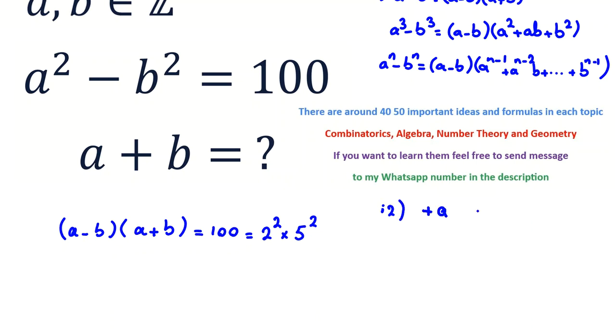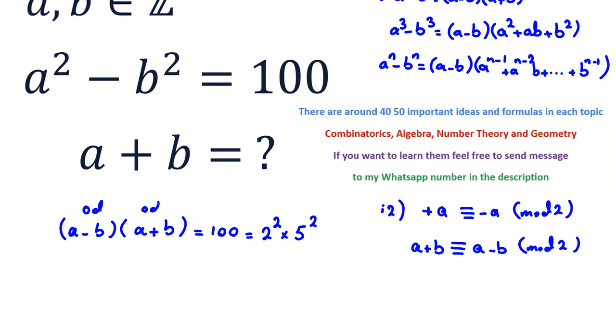For example, plus a mod 2 is equal to minus a mod 2. The remainders when divided by 2 will be the same. So a plus b and a minus b are the same mod 2, so both of them should be even or both odd. Both of them cannot be odd, because then the product will be odd, but the product is 100, so both of them should be even. Odd, odd is not possible.